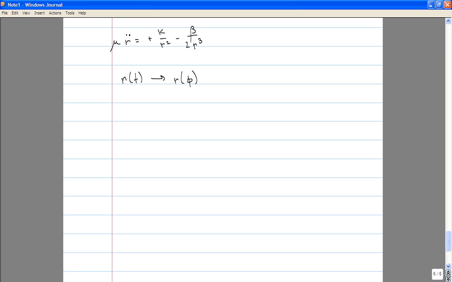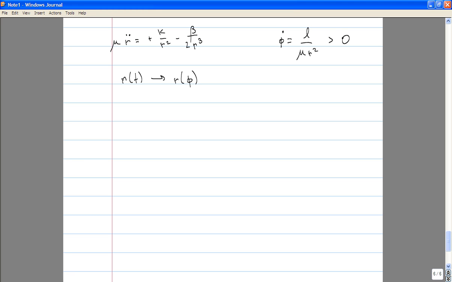Well, phi dot is L over mu r squared. That's strictly positive. So that means that phi is a monotonically increasing function of t. So I could use whichever one I like as the variable in this differential equation. And so let me just tell you that life is much simpler if we use phi.